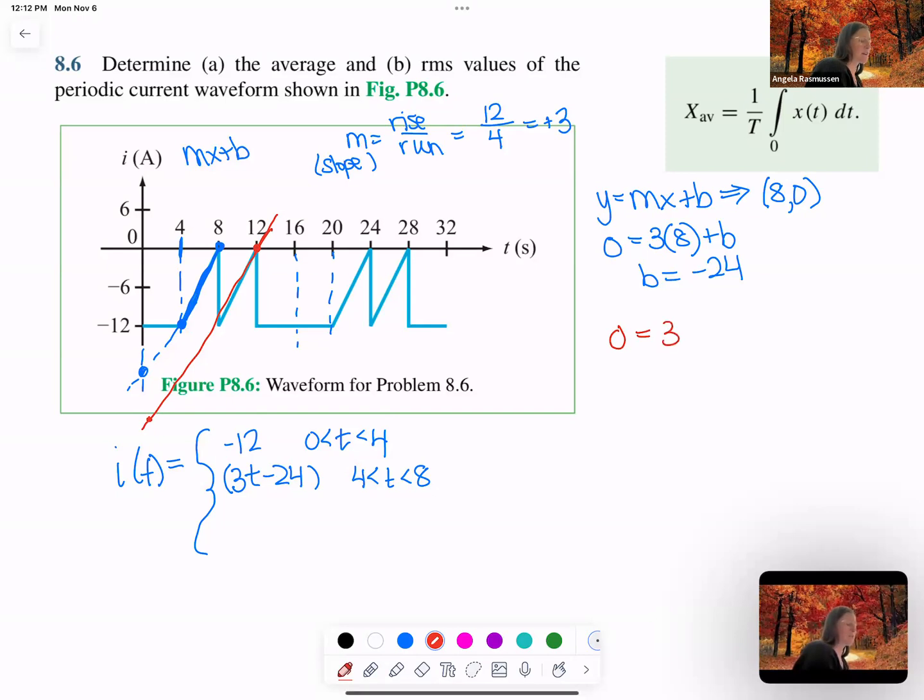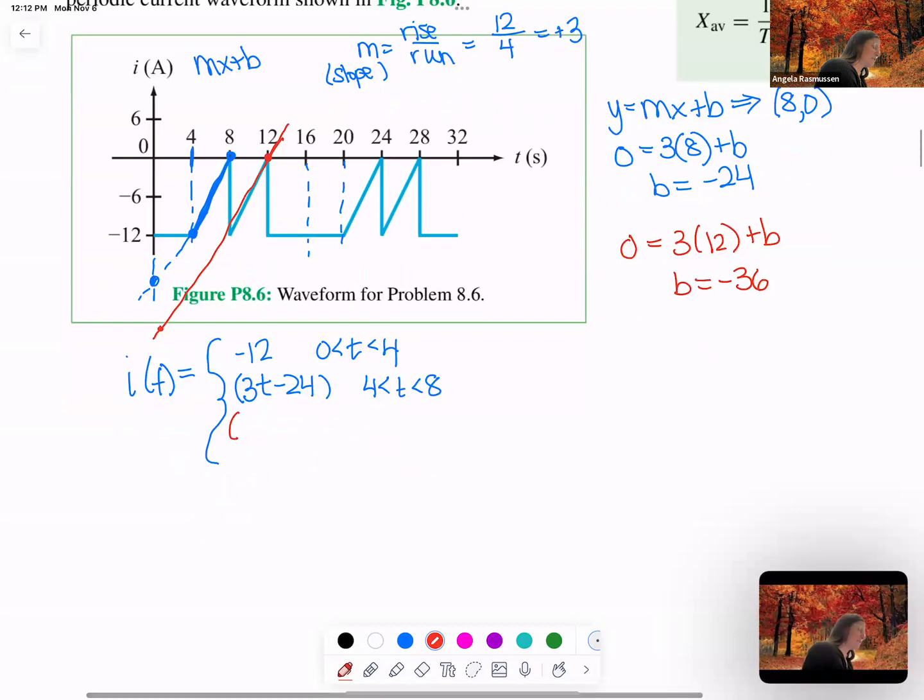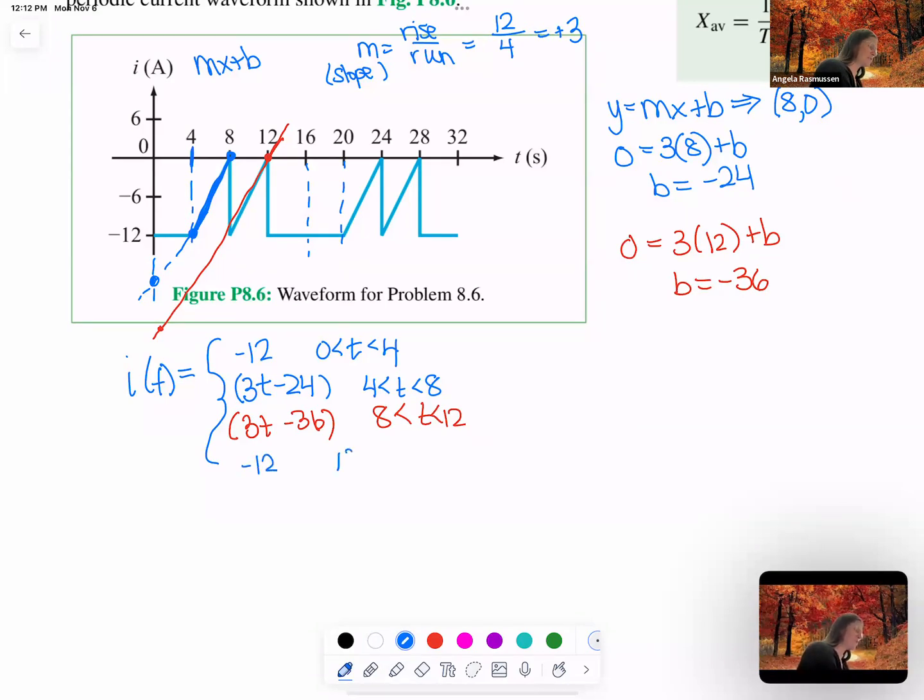And then this will be 12, and so b will be a negative 36. So this one will be 3t minus 36 between 8 and 12. And then again, it goes back to minus 12 between 12 and 16.